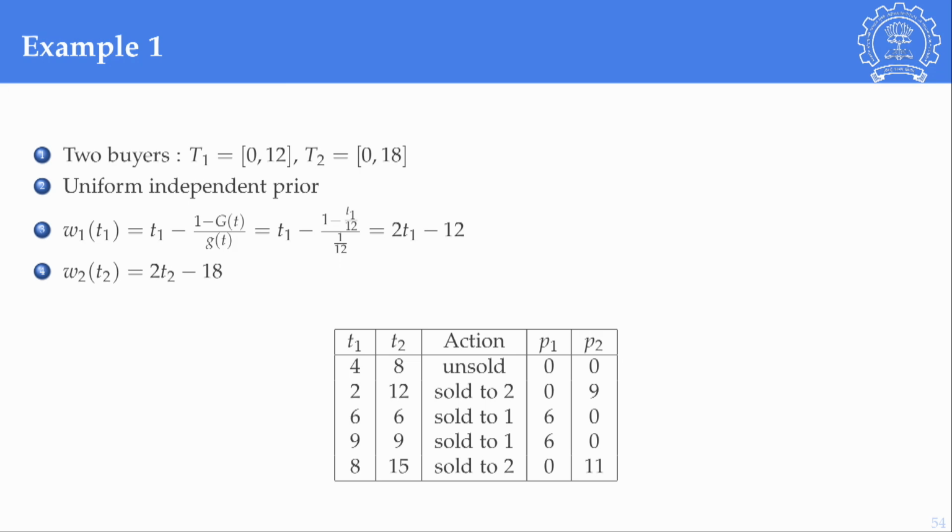Okay, so the 9 case. Here both of these are non-negative, right. So who has the higher virtual valuation? Player 1 has higher virtual valuation, 18 minus 12, and this is 0.